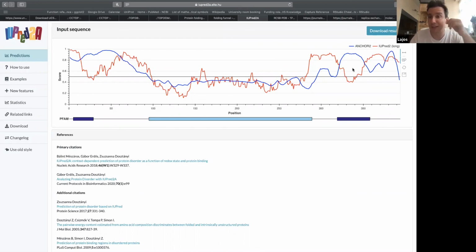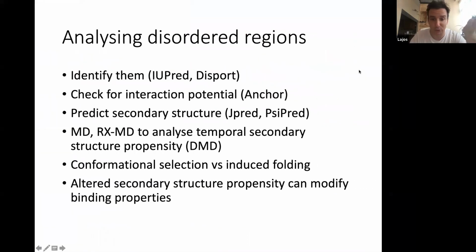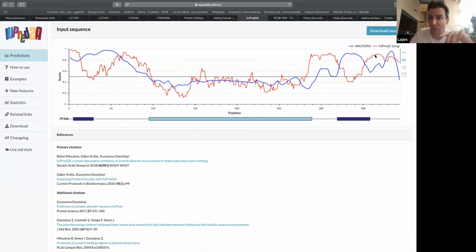The blue line is actually an extra information that's also here on my second line. So if you have a disordered region, you can use ANCHOR, which is the blue line, to highlight the potential interaction regions. So for example, within this quite long disordered region, there is a high propensity interacting part.